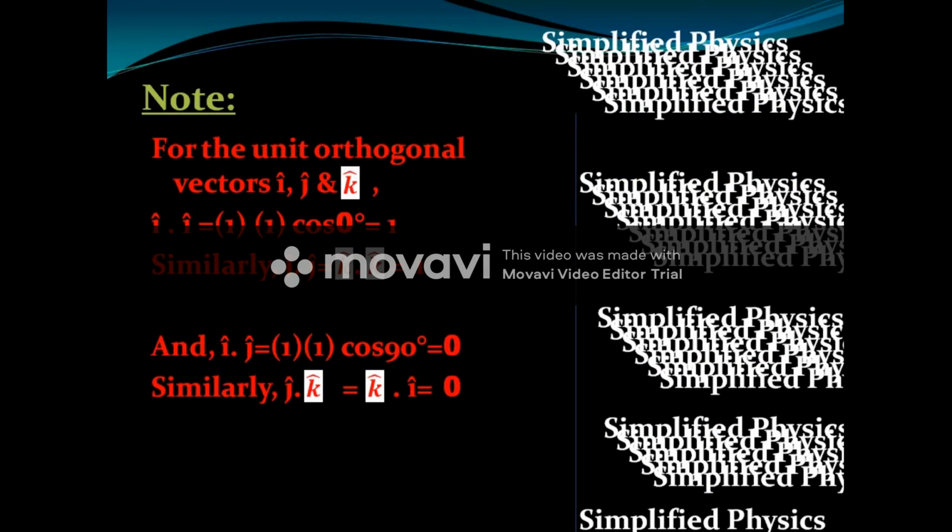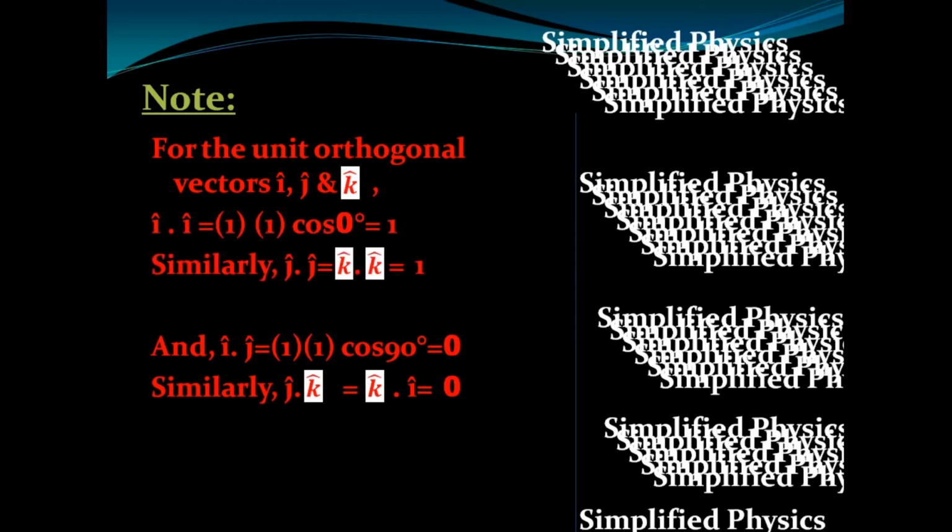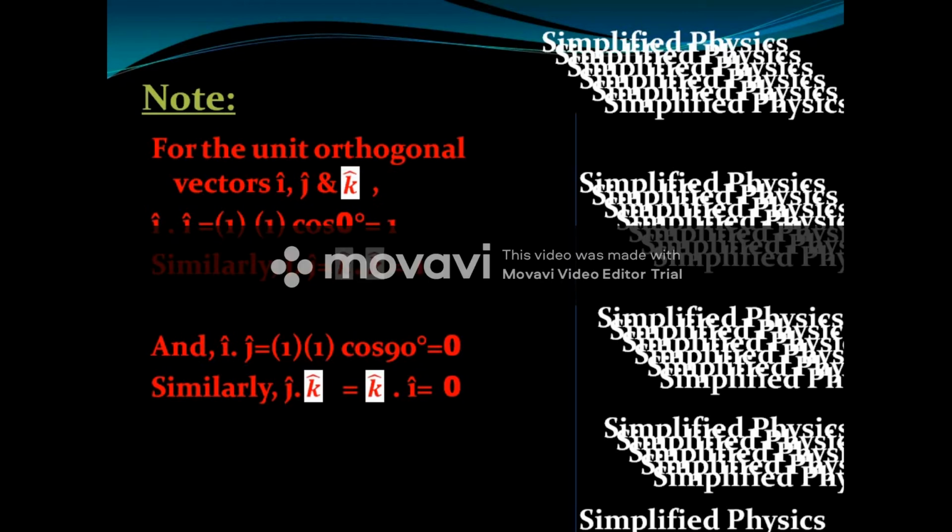And note down some points. For the unit orthogonal vectors, where orthogonal means perpendicular, i, j and k are the unit vectors acting along the x-axis, y-axis and z-axis. So i dot i equals 1.